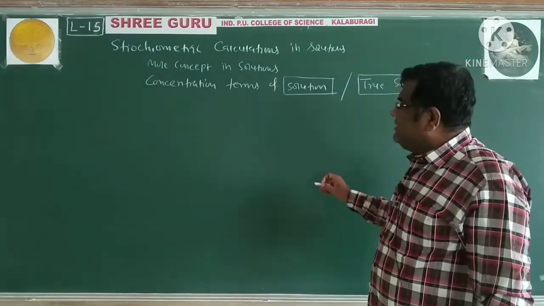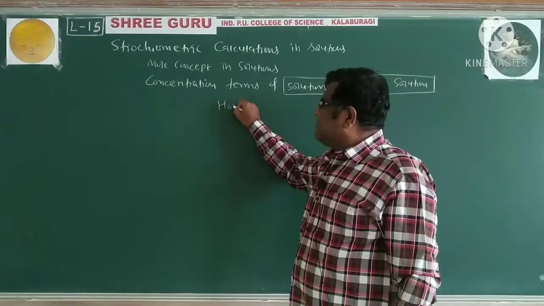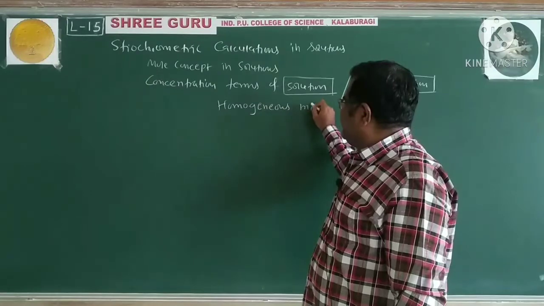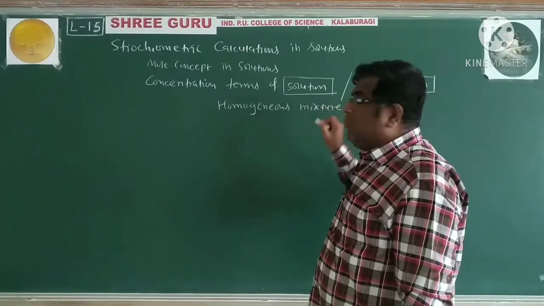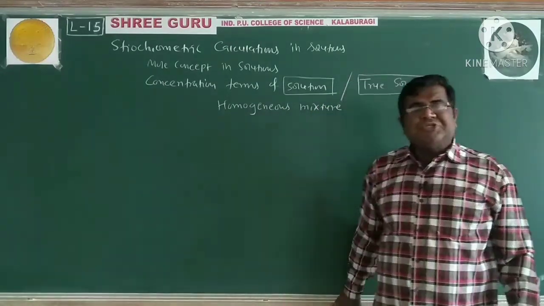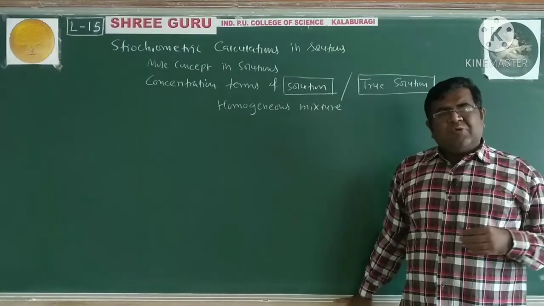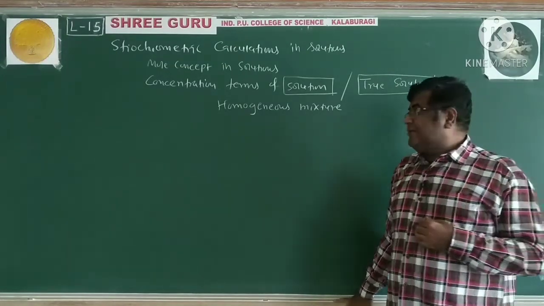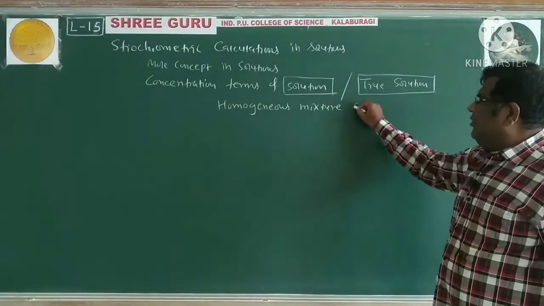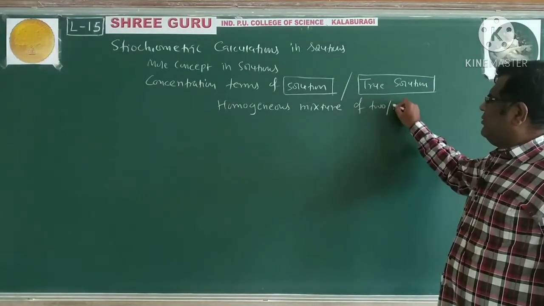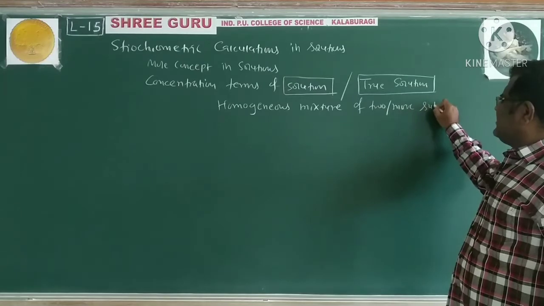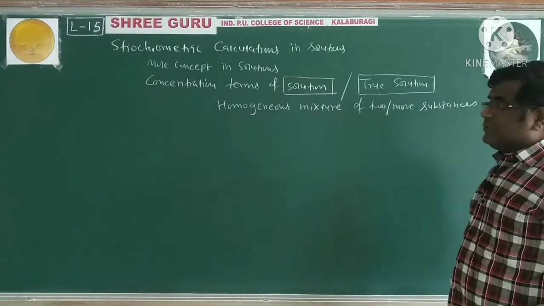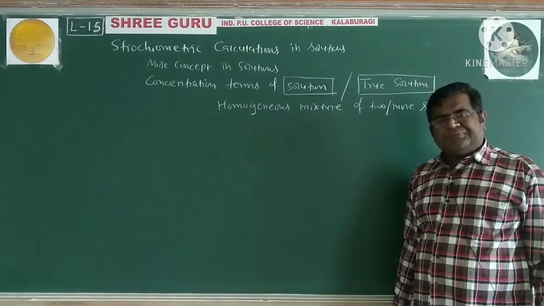We can define this as a homogeneous mixture. Homogeneous mixture means the composition is the same throughout and it appears in only one phase. A homogeneous mixture of two or more substances is called a solution or true solution.